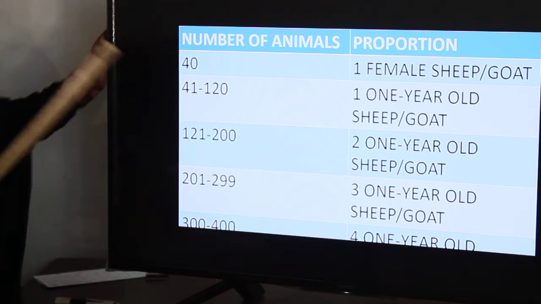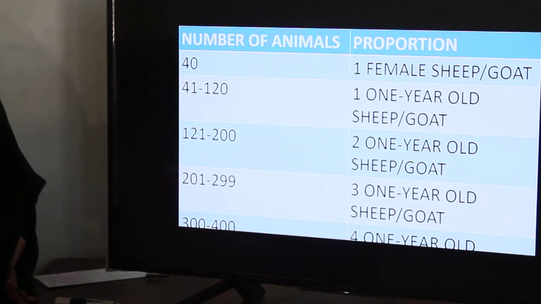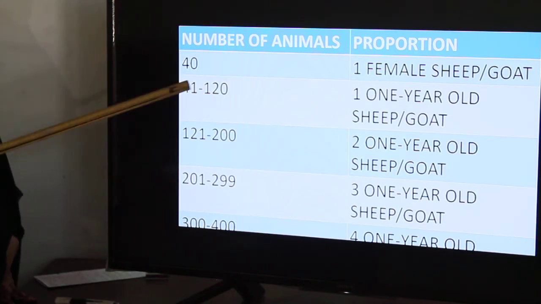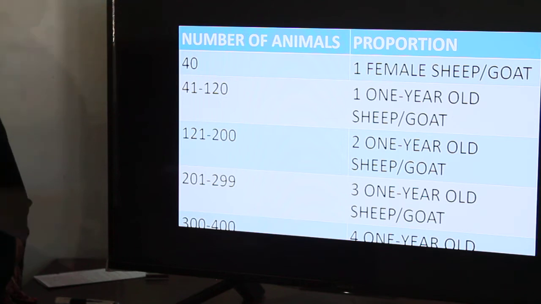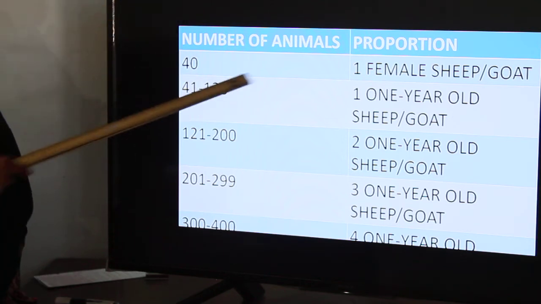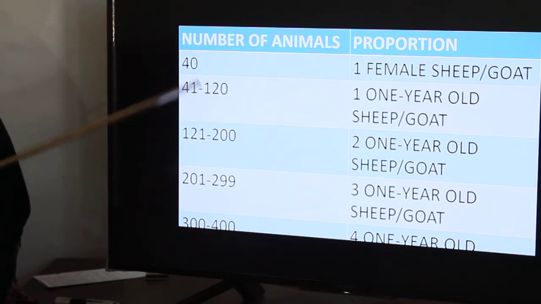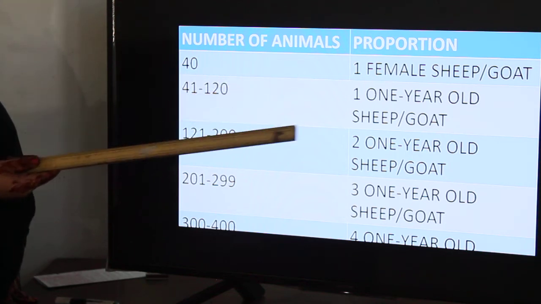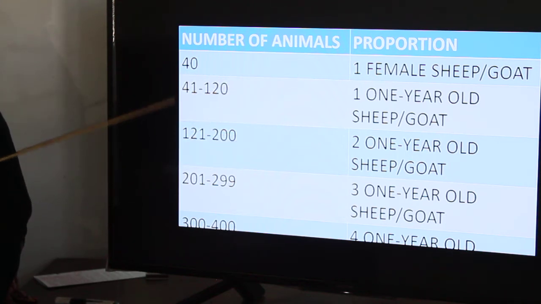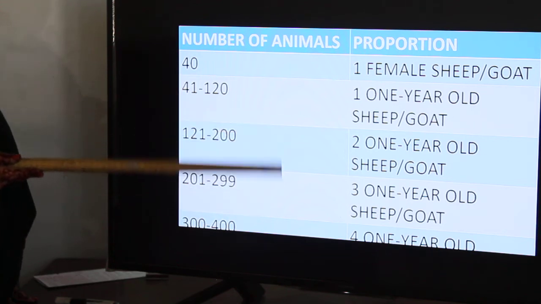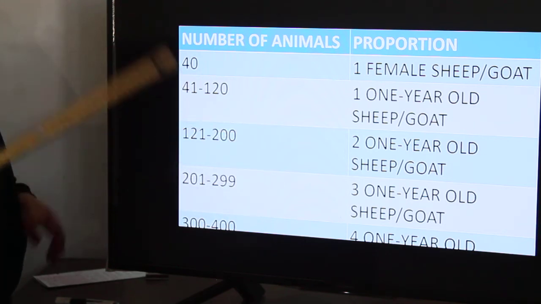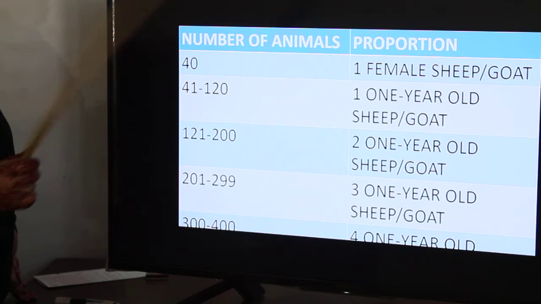If you have a mixture of both sheep and goats and it has reached 40, because 40 is our nisab, then you give one female sheep. Then 41 to 120 is one 1 year old. Then 121 to 200 is 2 1 year olds. Then 201 to 299 is 3 1 year olds.